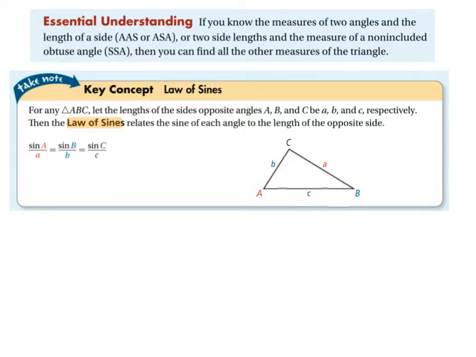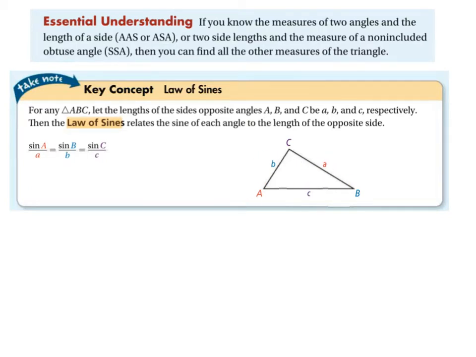Then the law of sines relates the sine of each angle to the length of the opposite side. Remember, sine is a function in your calculator, and you can find that out by typing it in if you know that angle. We can also find it if we don't know it. So basically what we need is two pairs of angle, opposite side.